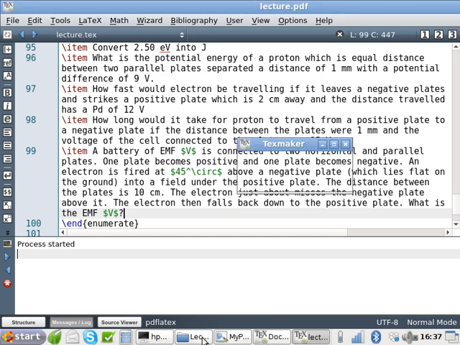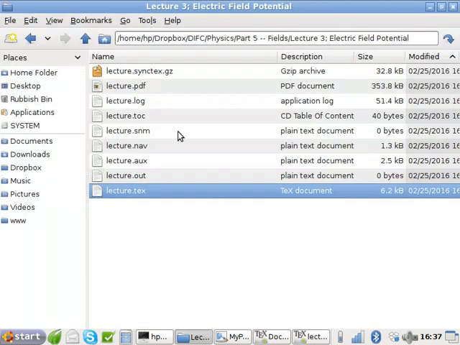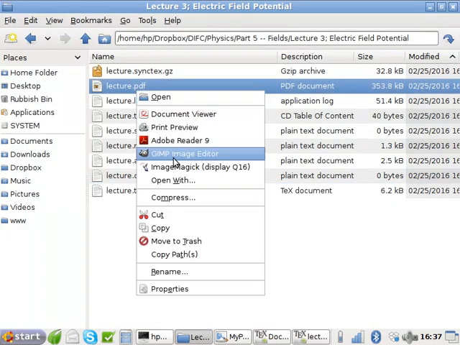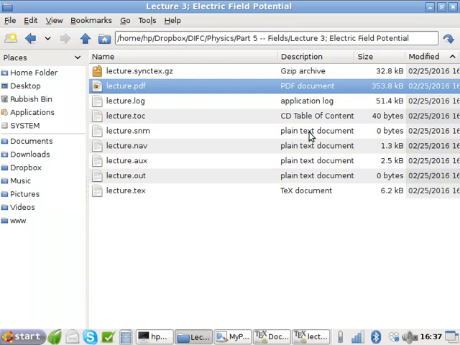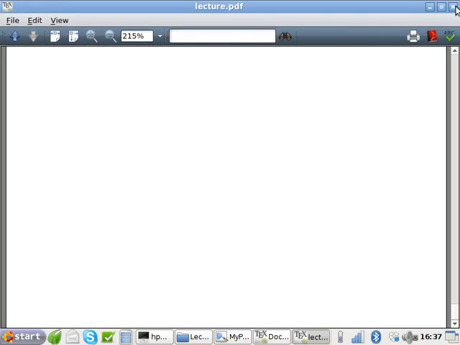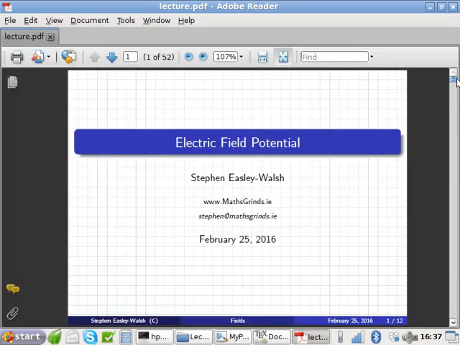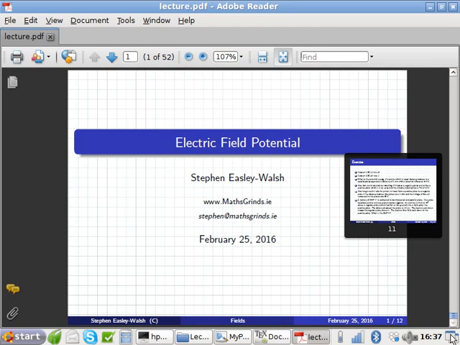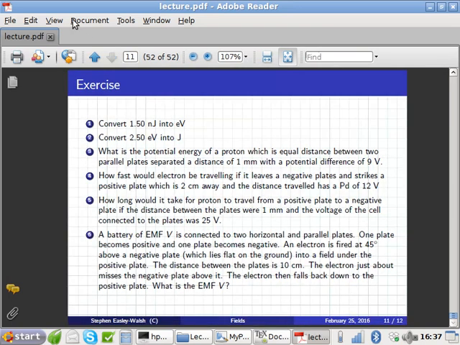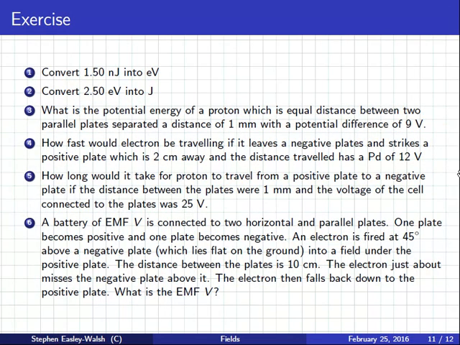I didn't have coffee. 2 cups. I'll get a 3rd cup going home. Okay, so let's have a look at the homework.